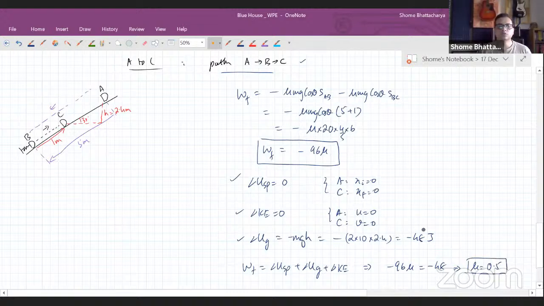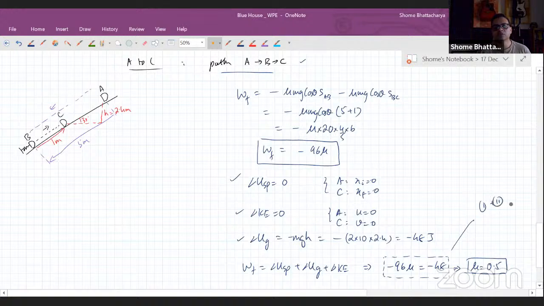You will also notice that this is the same equation you will get if you add equation 1 plus equation 2 that we had got earlier. If you just add them algebraically, you'll get this equation. So this is a consistent equation actually.